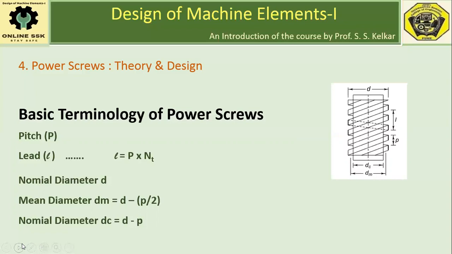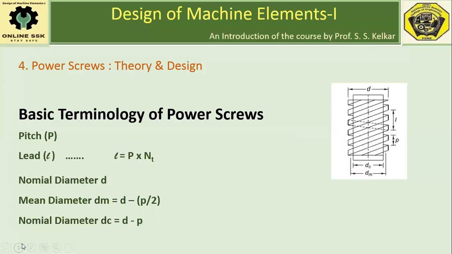The second important term is lead. Lead is the axial distance covered by the respective nut when the screw completes one rotation. It is the travel of the nut for one complete rotation of the screw. It is denoted by small l, and the lead is given by pitch multiplied by the number of threads, n suffix t, the notation used for number of threads.